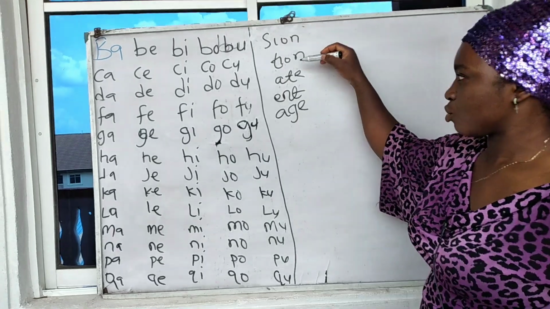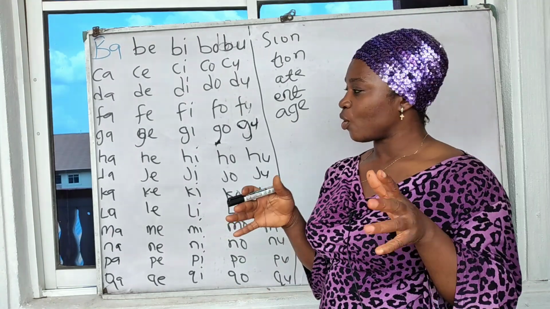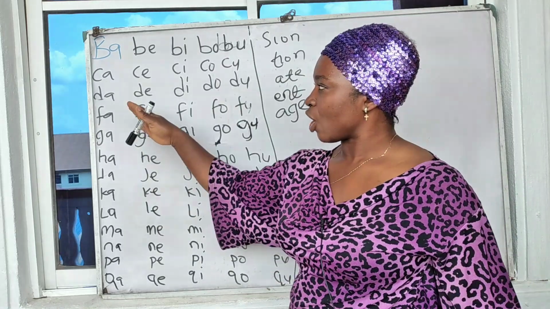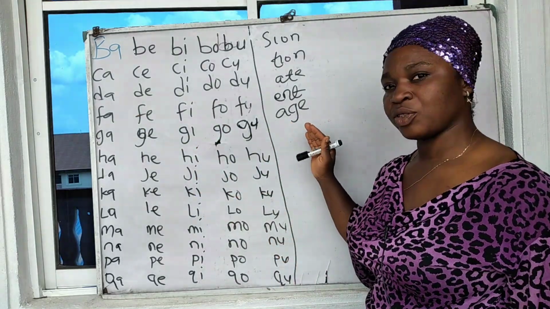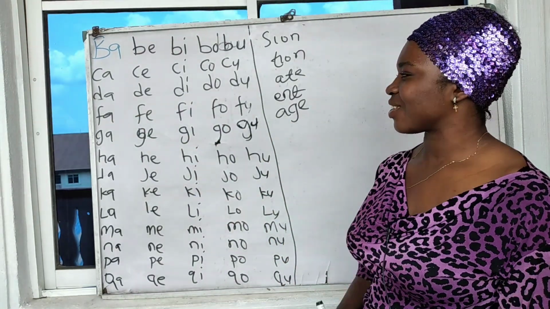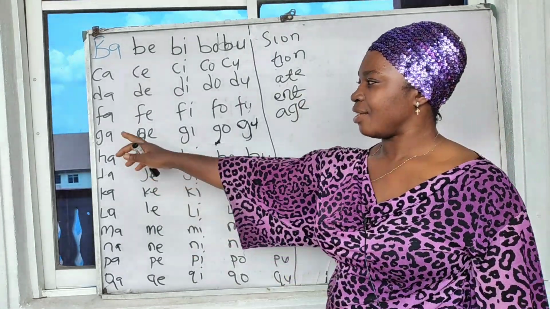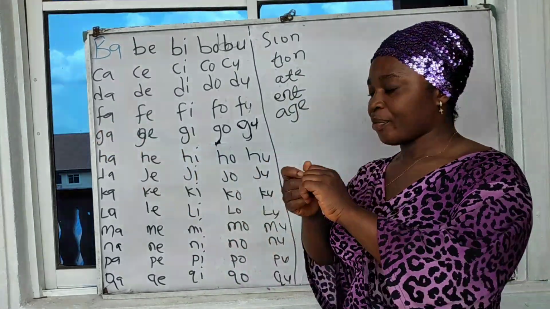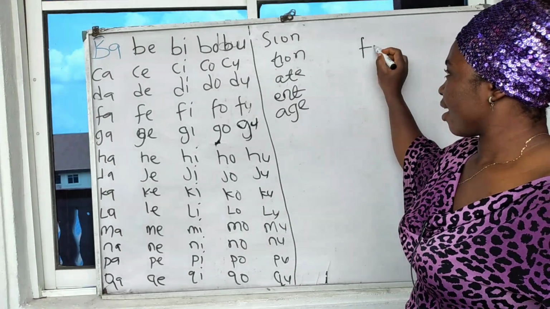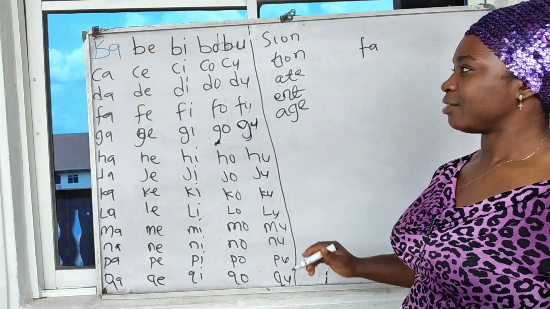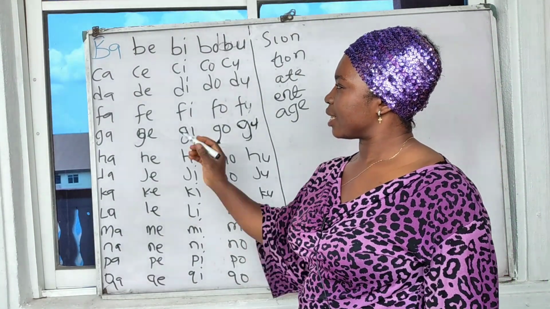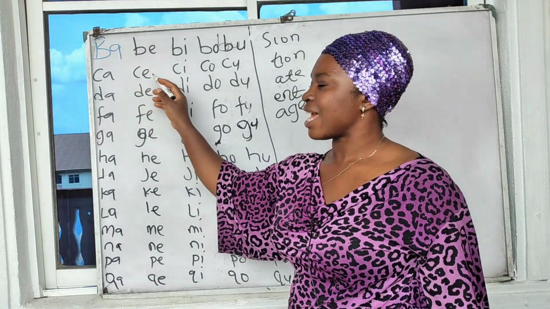So we have 1, 2, 3, 4, 5. It's going to go this way. I'm going to be picking combinations from here and from here to form a word. So let's go. The very first one I want to choose right here is the fa. This is fa. If I write fa, I can decide to pick C. This is ka, se, si.